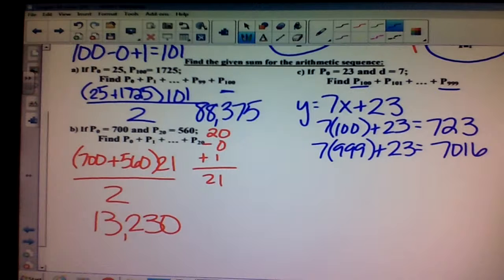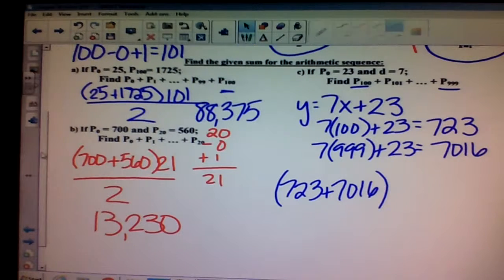Okay, so now I can use my summation formula. My first number is 723. My last number is 7,016. How many terms do I have if I'm going from 100 to 999? Careful, you're not going from 0 to 999. You're going from 100 to 999.